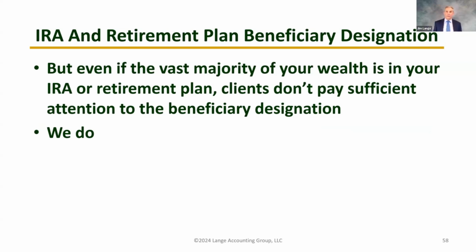We filled it out, often by hand, because whether your money is at Schwab or TD Ameritrade or wherever it is, every one of those institutions has a different beneficiary designation. So it's not so easy for a layman to get every one right because they're all so different.